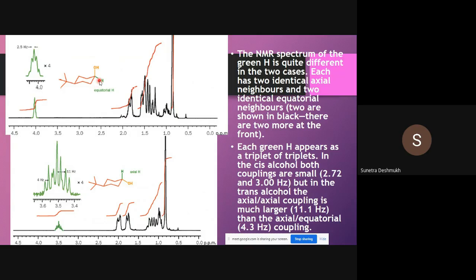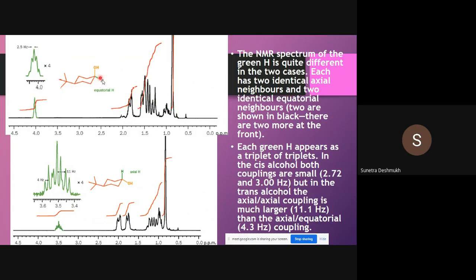So we know that for axial interaction of vicinal hydrogens, if two vicinal hydrogens are at 180 degrees, they give the highest coupling constant, the highest J3 value. So we will see here what the coupling constant of this particular green hydrogen is.